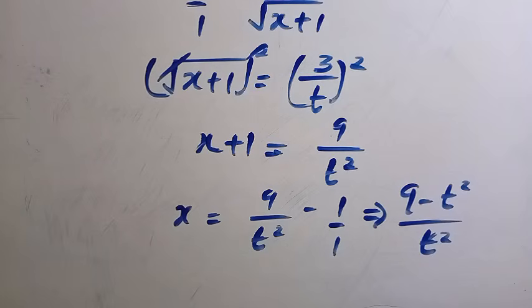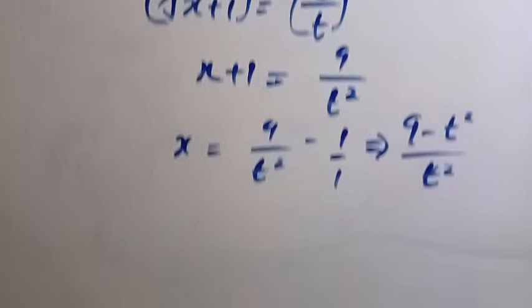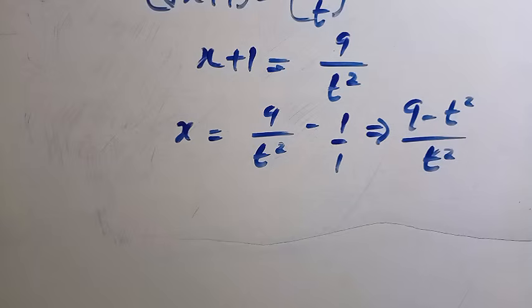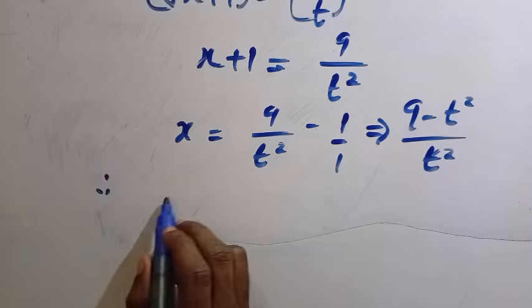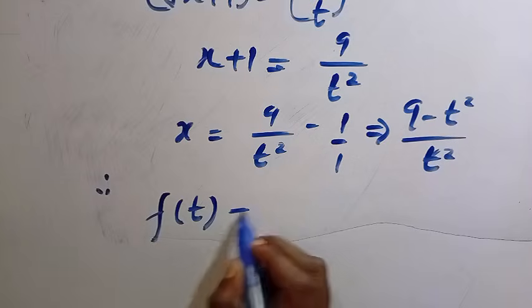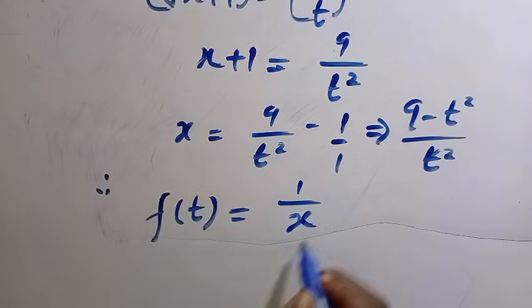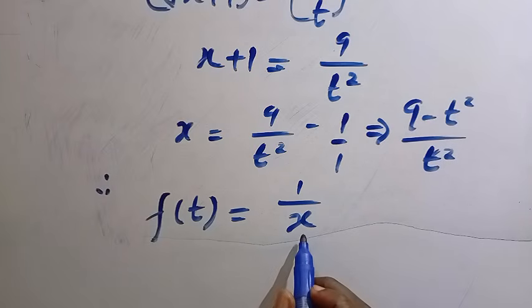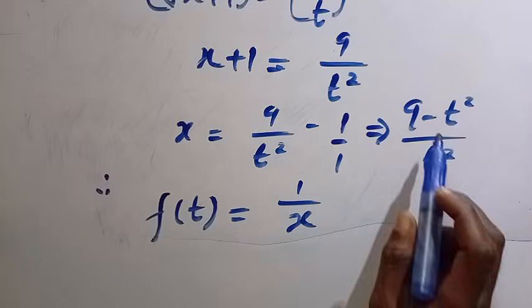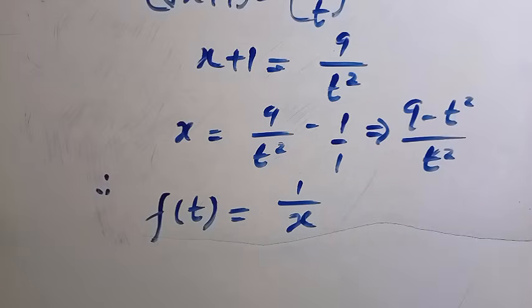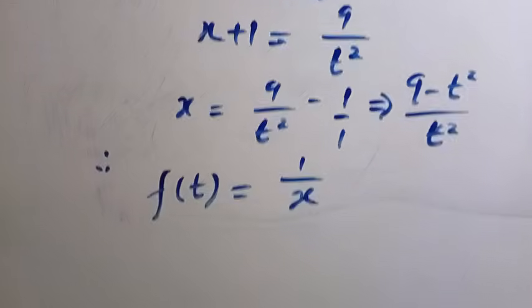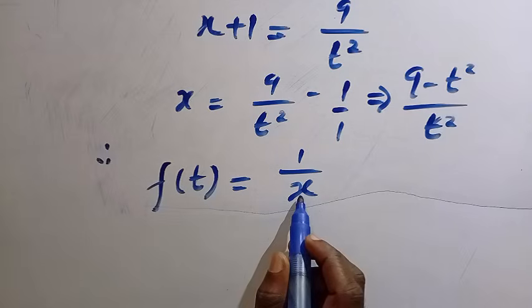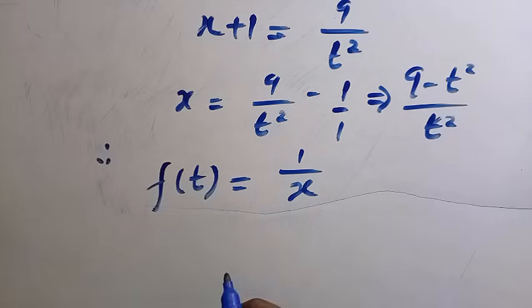So if this is what we have, let's look at the other part. Since we let t equal 3 divided by the square root of x plus 1, we then have f of t equals 1 divided by x. But x is 9 minus t squared over t squared. What we need here is just replacing x with 9 minus t squared divided by t squared, because what we have here is t, not x.